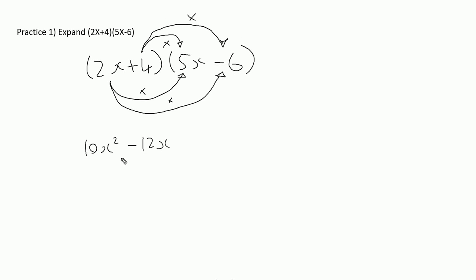It's a common mistake amongst students to simply write that as a plus because they haven't included this negative sign here. Now we do second times first, which gives me plus 20x, and then second times second, which is minus 24. Collecting these two like terms in the middle here gives me 10x squared plus 8x minus 24.